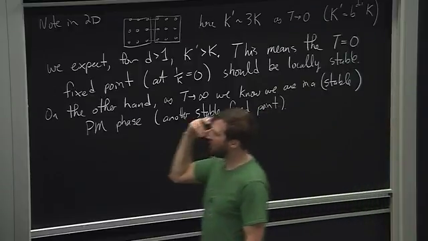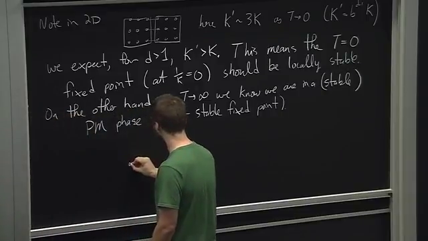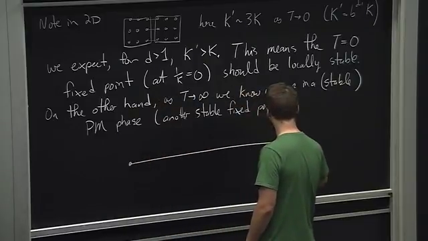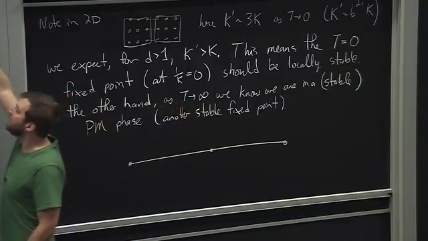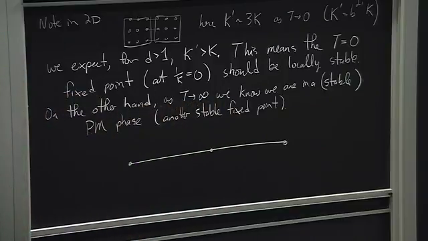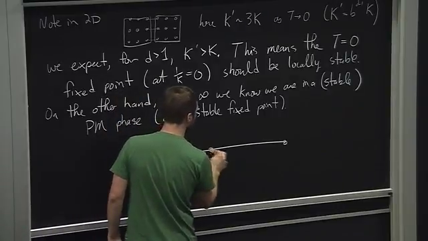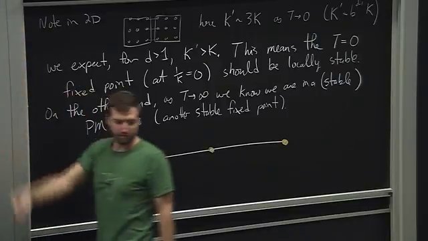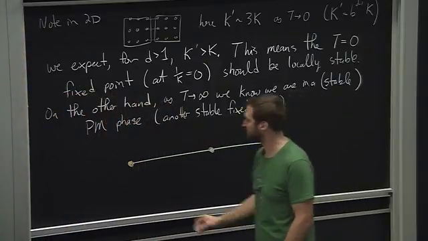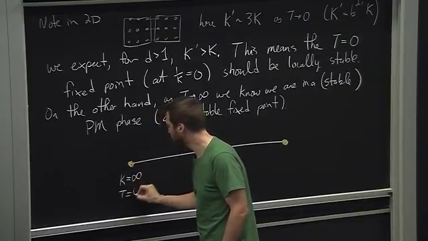So even though we still have one variable, k, the diagram should look like the diagram we expected in 2D. Where we have a low temperature, an intermediate temperature, and a high temperature fixed point. Okay, so this is k equals infinity. It's t equals 0.